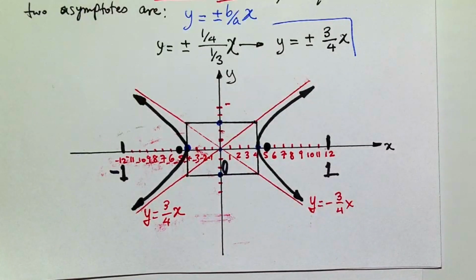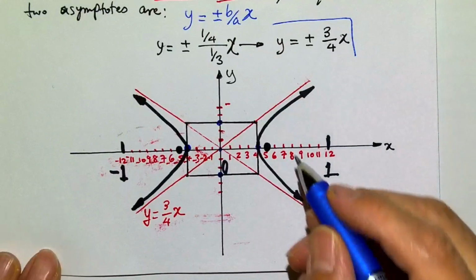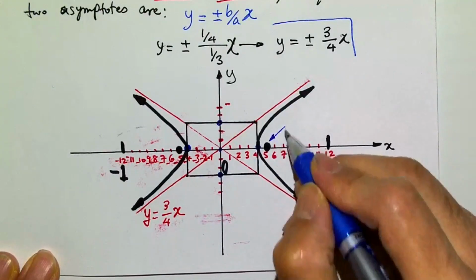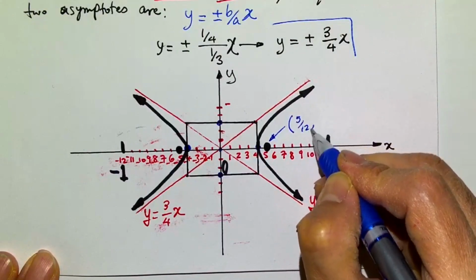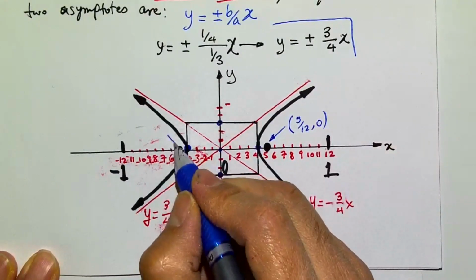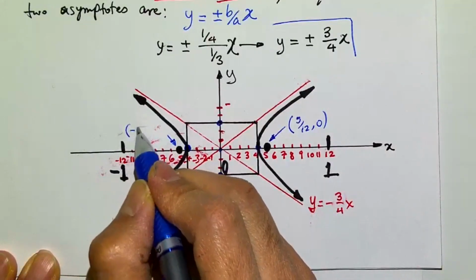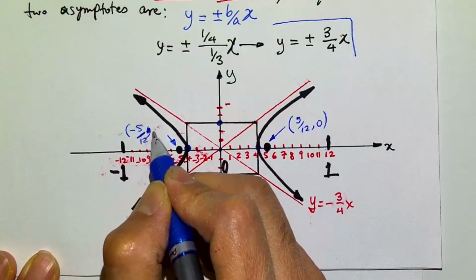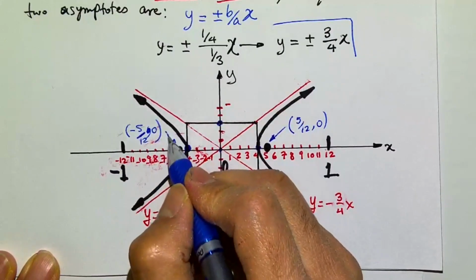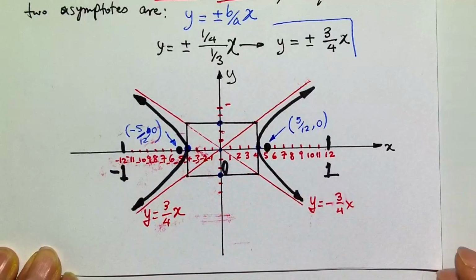And of course, I will just try to identify it better. So this would be 5/12, comma 0. And that will be negative 5/12, comma 0. And these are the foci. Okay.